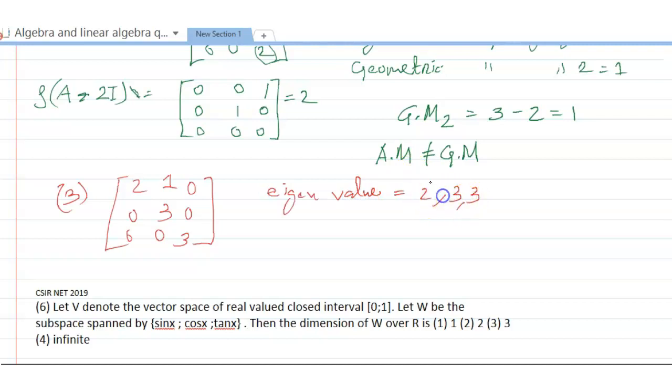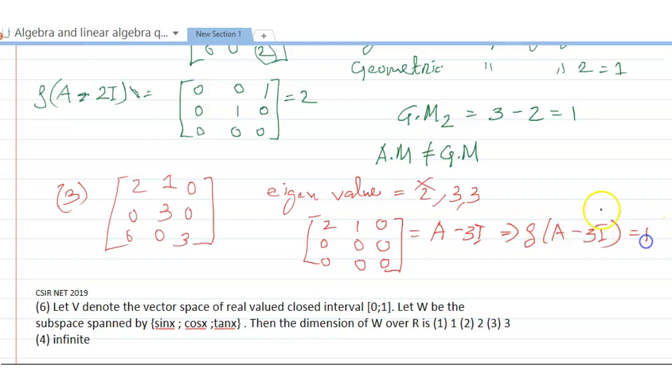I don't need to check 2 because its AM equals GM, but for 3, I get 2 1 0, 0 0 0, 0 0 0. This is my A minus 3I, and the rank of A minus 3I is equal to 1. So I get GM equals 3 minus 1 equals 2, which equals AM. So it is diagonalizable.